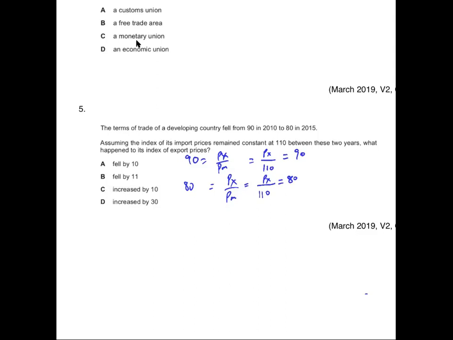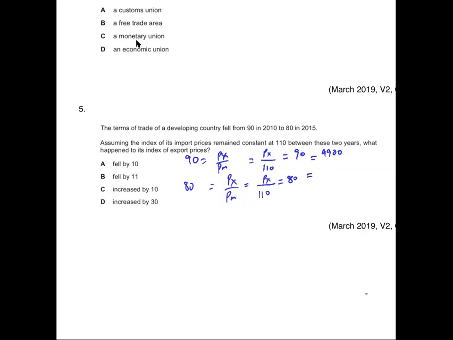B, fell by 11. How did you guys get that? So if I get 90 times 110, let me use a calculator, that's 9900.